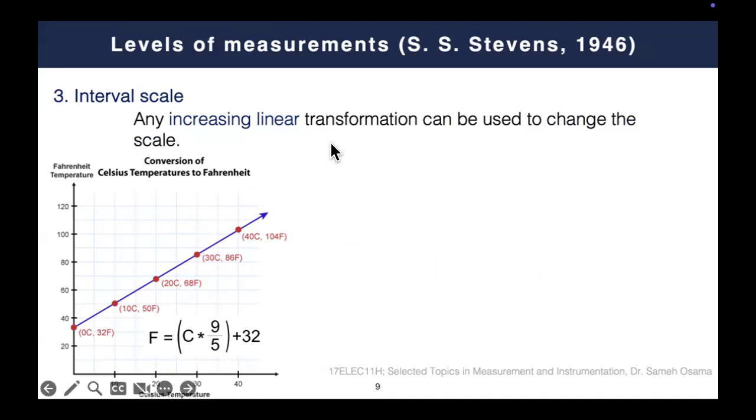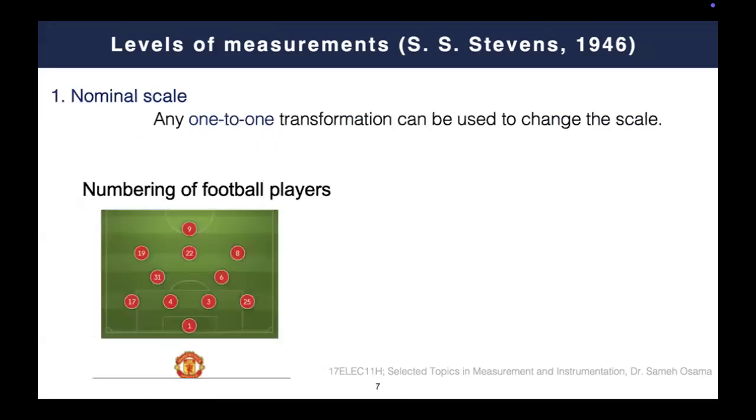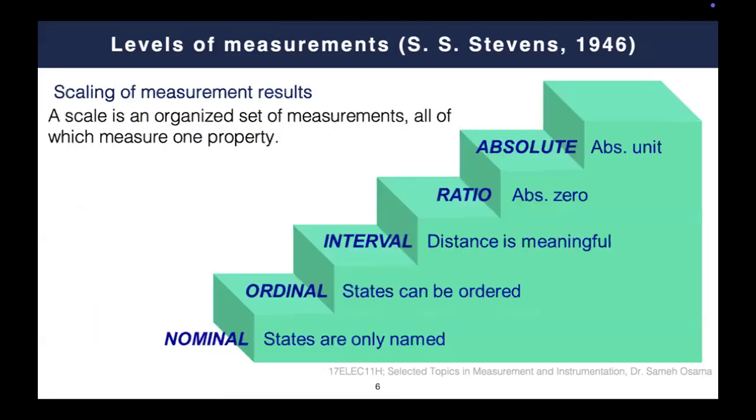So it's a higher level of an ordinal. It still is an ordinal, but with a linear transformation. And that brings me back to the staircase example. As you can see, it's cumulative. So whenever you are ordinal, you should be nominal. Whenever you are interval, you should be ordinal and nominal, and so on.